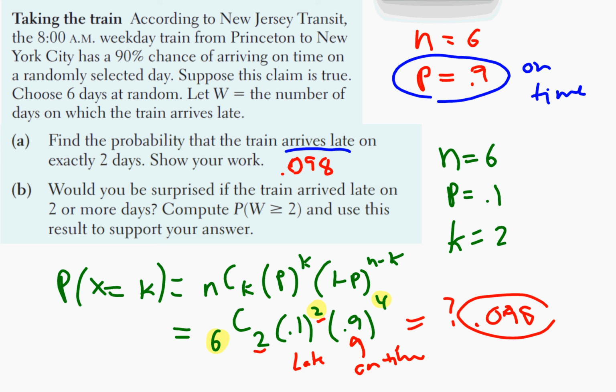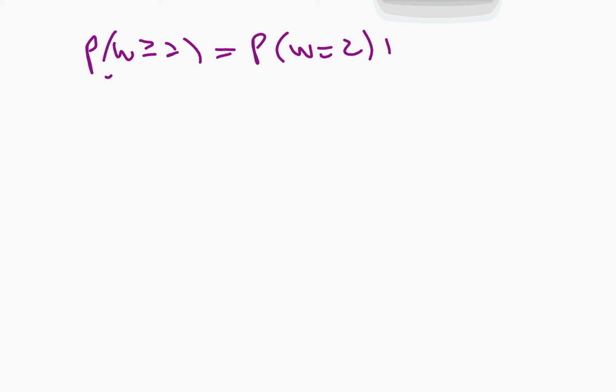Okay, let's look at part B. They're asking us to find the probability that W is greater than or equal to 2 out of 6. The probability that W is greater than or equal to 2 will equal the probability that W equals 2 plus the probability that W equals 3, plus all the way up to the probability W equals 6.